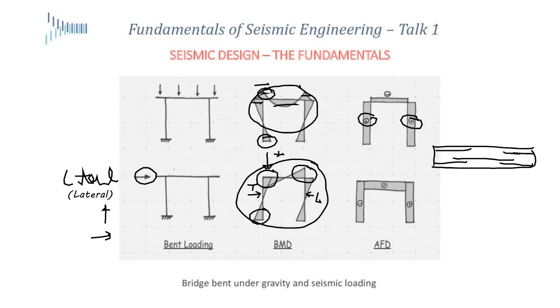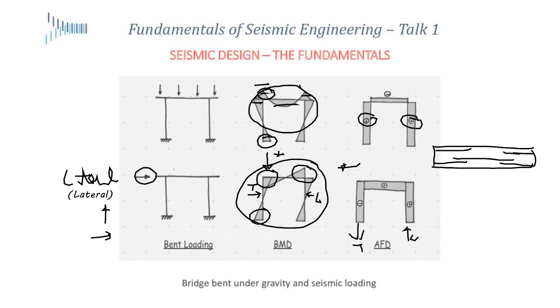Because remember, a small instant later, the earthquake load is going to reverse, and this is now going to show the opposite of what is happening right now. The bending moments are going to add on the left-hand column, which is now the leading column, and actually reduce on the right-hand side. Similarly, when I look at the axial force, in this case I get tension here and compression here.